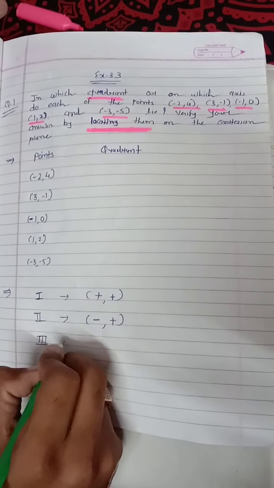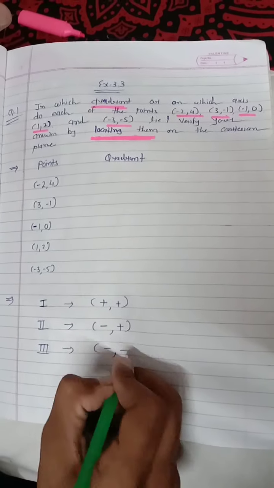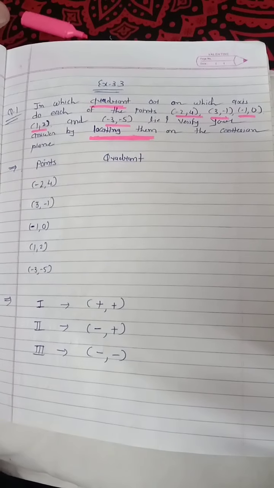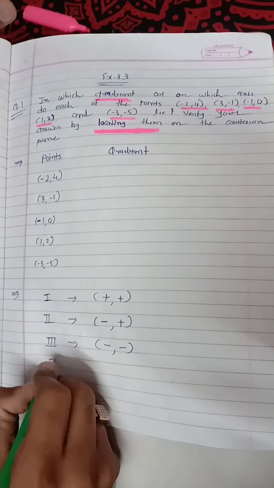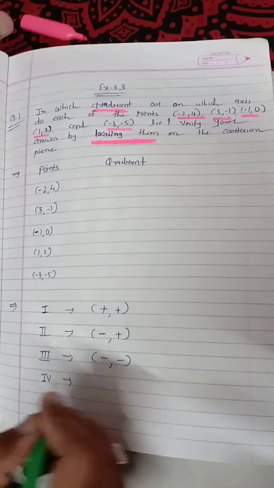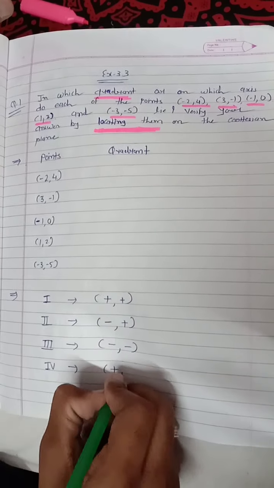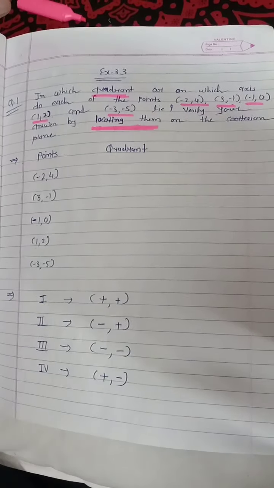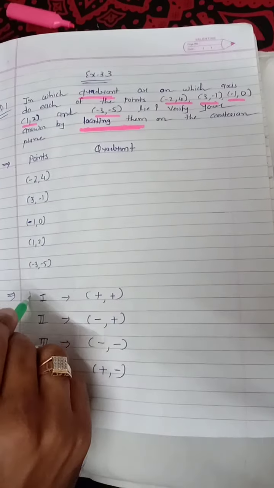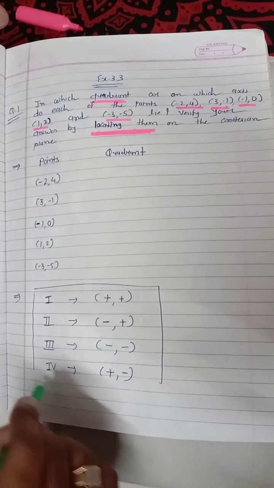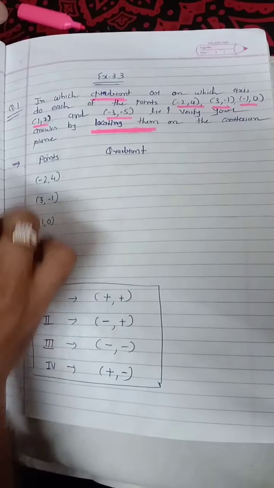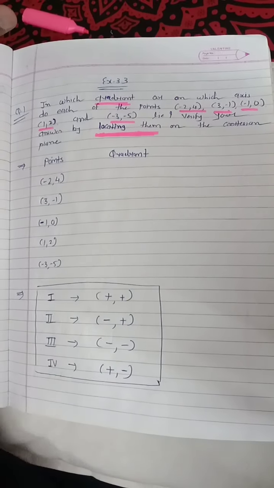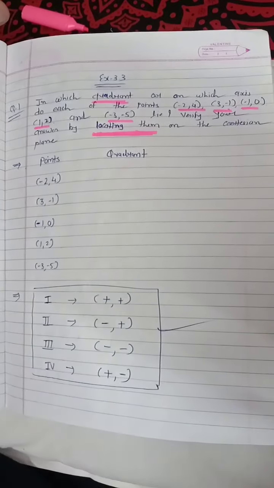A point on the third quadrant means both negative, x also negative, y also negative. And a point on the fourth quadrant means your x is positive and y is negative. So we can easily decide which quadrant these points are on using this table.